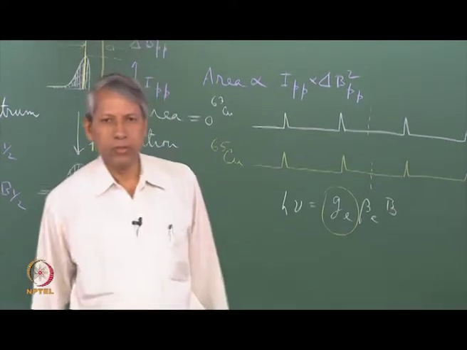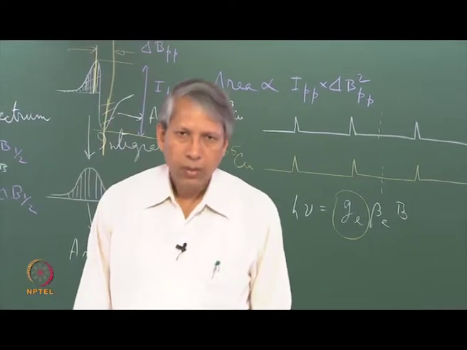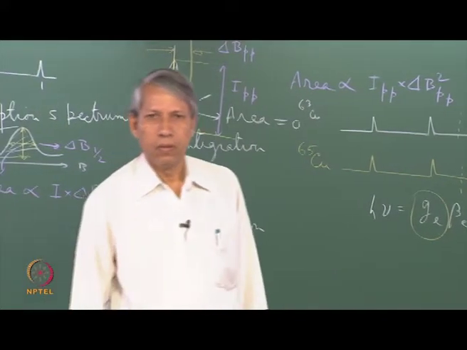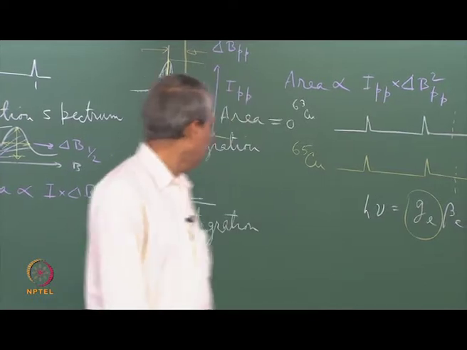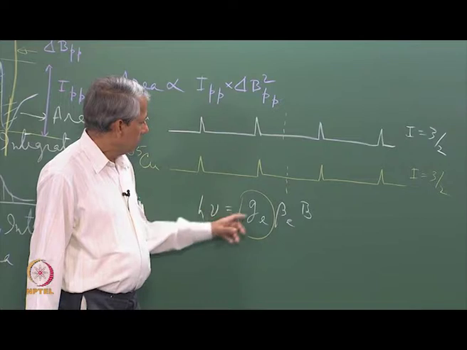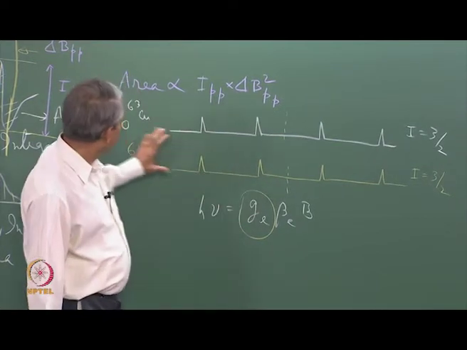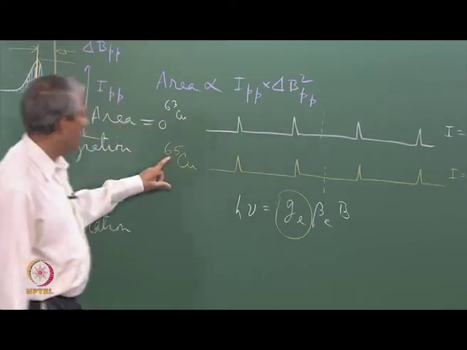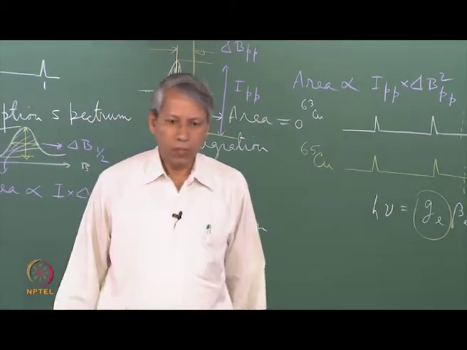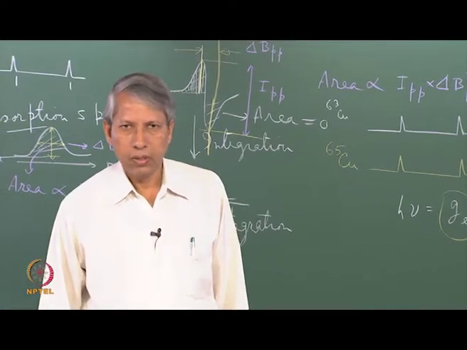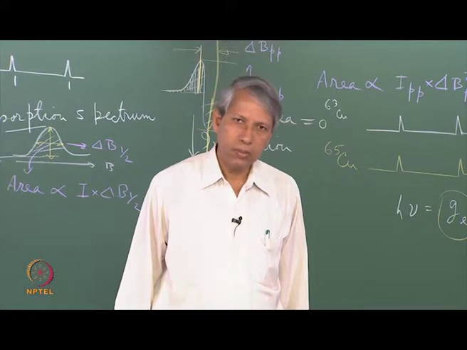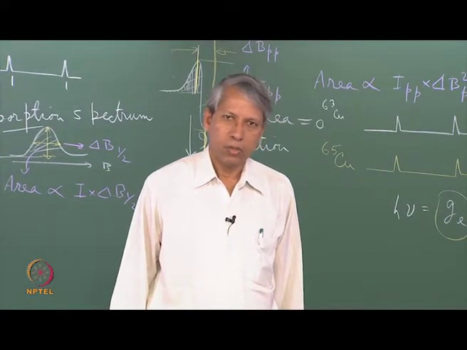Now, can the G factor be different for these 2 species? The G factor is an electronic property of the molecule. So it depends on the electronic structure that the molecule has. Now, when I have these 2 isotopes, what is the difference? The difference is only in the nuclear isotope. Copper nuclei are reasonably heavy nuclei. For such heavy nuclei, usually the electronic wave function does not depend on the nuclear mass.